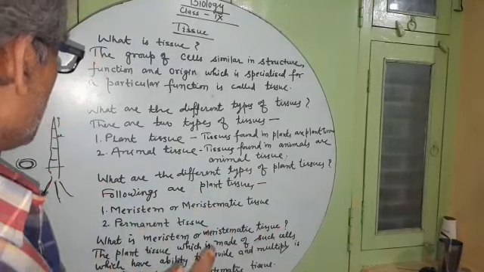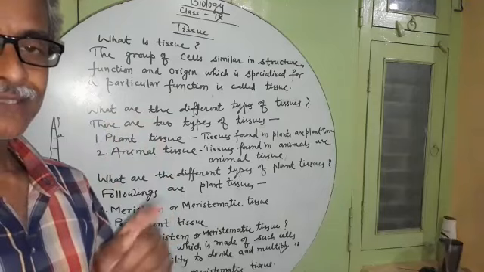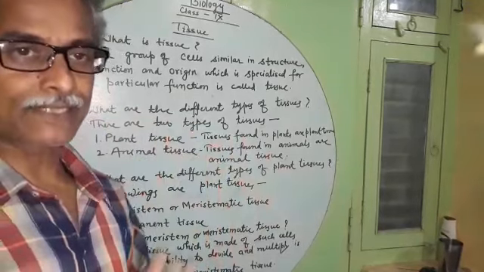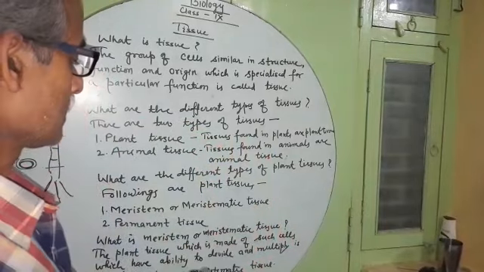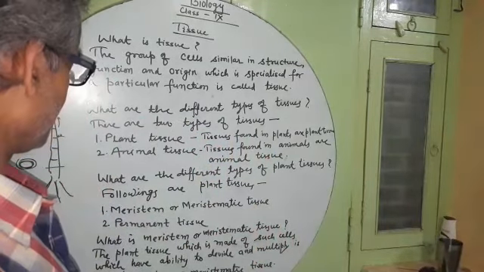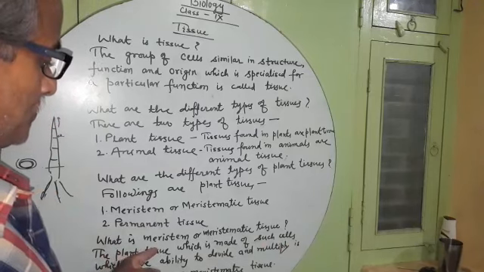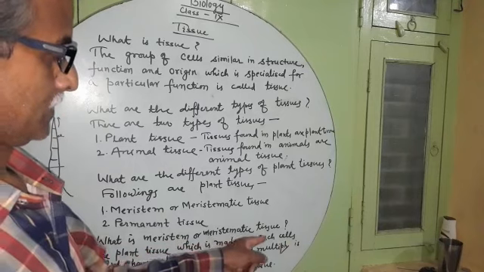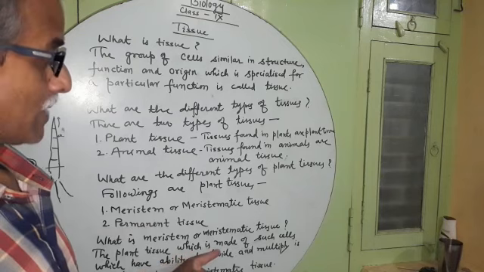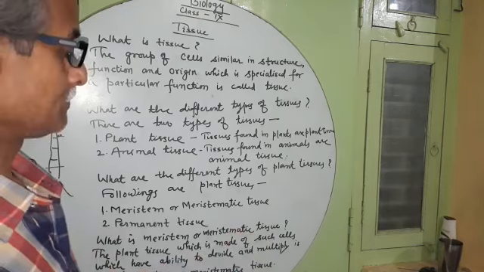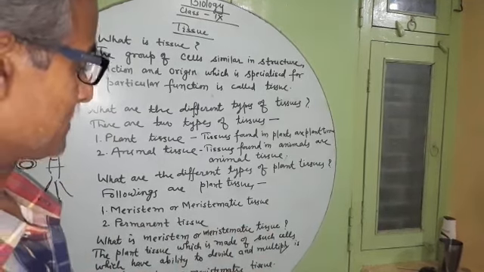So meristeme is made up of such plant cells which have the capacity to divide. So we define meristeme as the plant tissue which is made up of such cells which have the ability to divide and multiply, called meristeme or meristematic tissue.